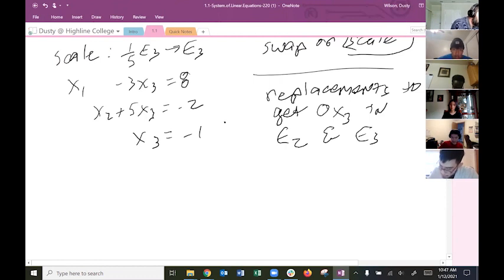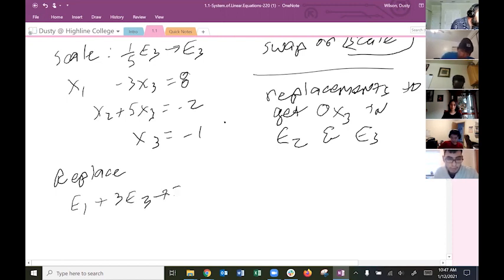Well, in the first one, we have a 1x3 down below. We got a -3x3 up above. So we can do E1 plus 3 E3 becomes our new E1. And we can do E2 minus 5 E3 goes to our new E2.